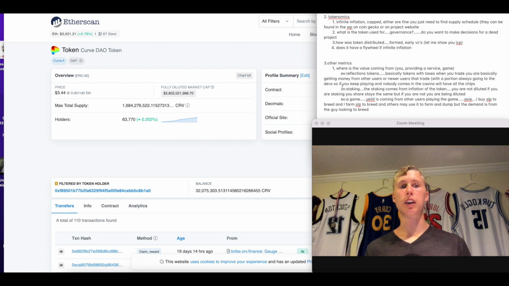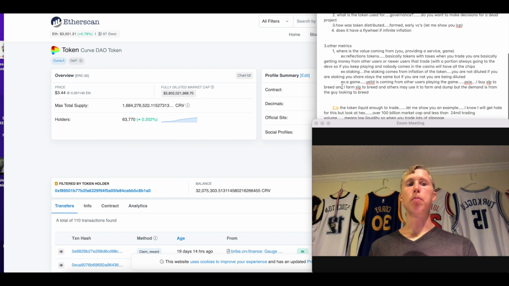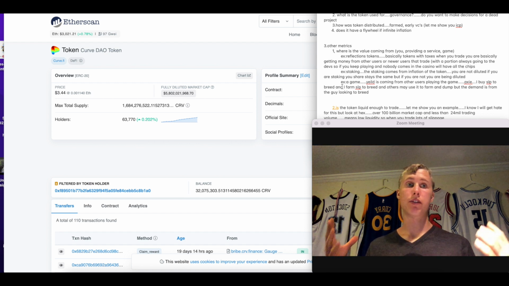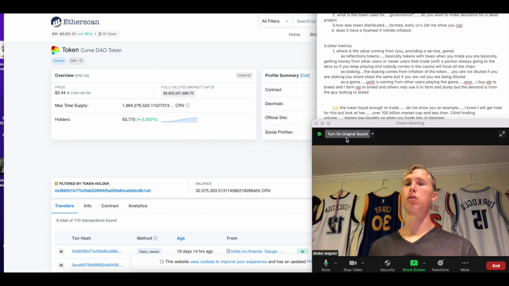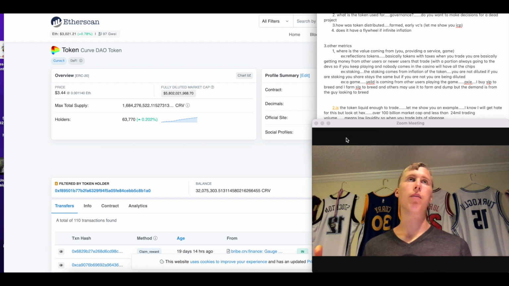I'm going to give you an example of a reflection token. Basically, these tokens work off taxes and they also work off different trades that you make. So basically, you're getting money from the other users. What do I mean by this? Well, let's take, for example, SafeMoon. If I trade SafeMoon, it's like a 10 or 15% tax. I don't even know what the tax is because I don't even mess with that junk.